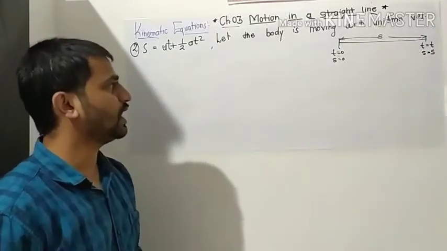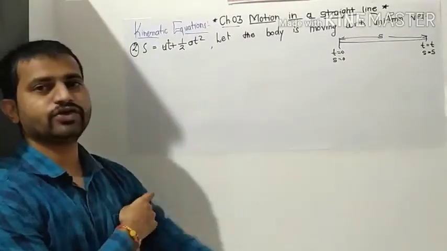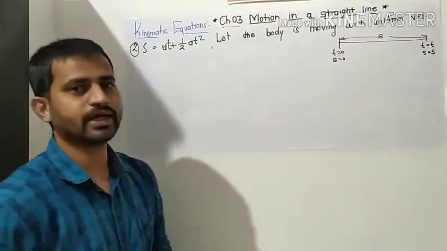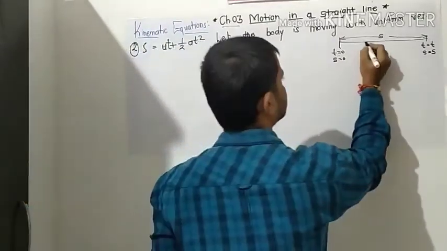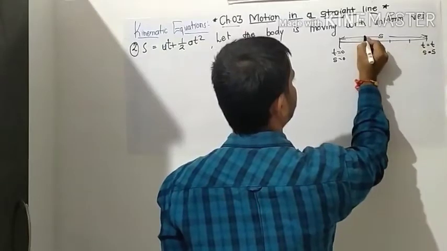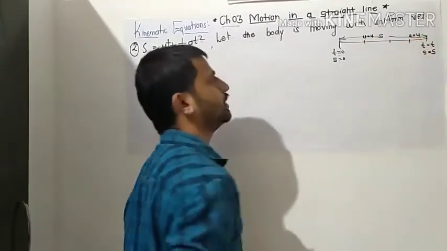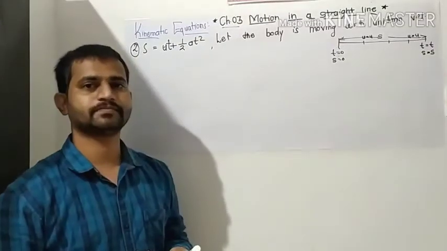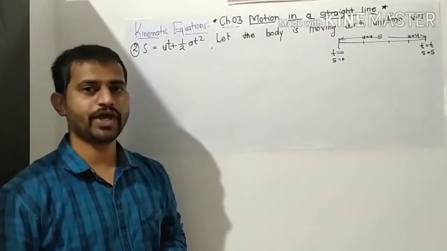Now as we know, our body is moving with uniform velocity. Anywhere you can take the value of u, it will be equal to u. As it is moving with uniform velocity, u equal to u, and here u equal to u. We don't have to go for a change in the quantity because u is not the variable here.